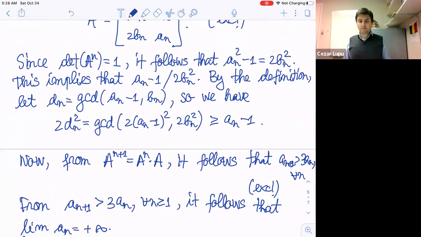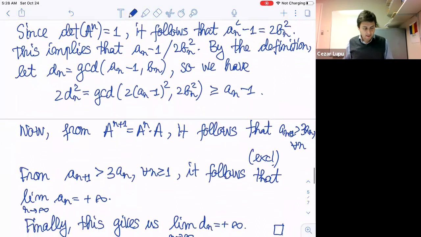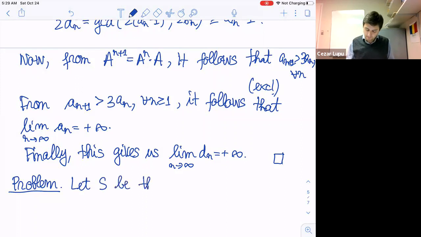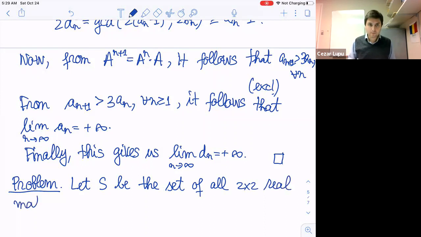And now, since we're talking about powers of matrices of order 2, there is one problem that I have in mind, and I would like to do this. This was a bit difficult. Okay, let me state it first and then I'll tell you the source. The problem says the following: let S be the set of all 2 by 2 real matrices, and let's just write them.